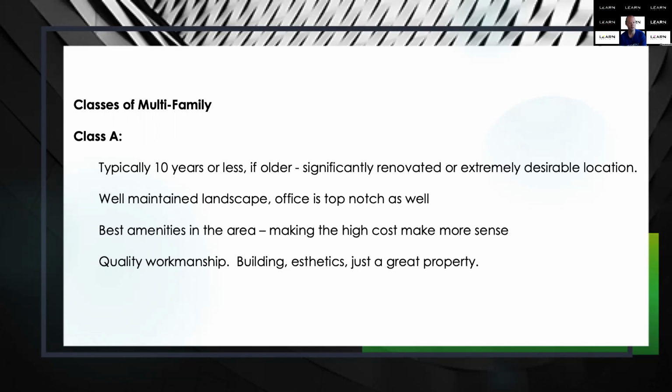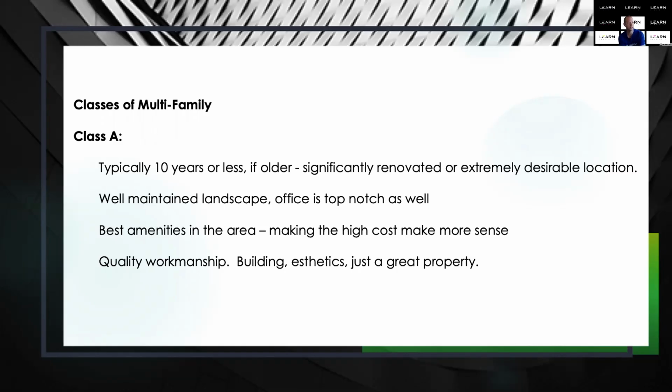But obviously in every asset class, we have different A, B, C, D classes as well. So the same applies to everything but land, and especially multifamily. And just like we talked about prior, class A is newer, better location, all the way to D, which probably should be torn down, right?